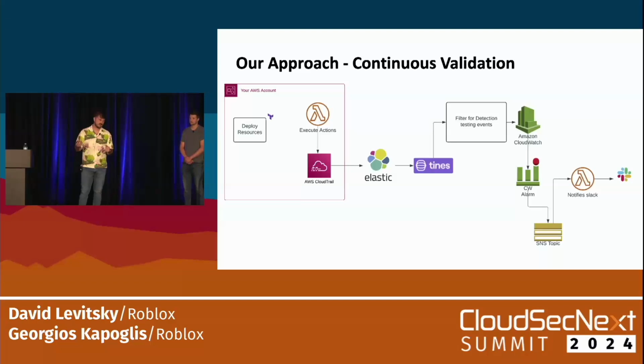And then it goes to an SNS topic, where now a separate Lambda function, which is all of the AWS resources that you see here are just defined in a single page Terraform file, our Lambda function on the latter end, which is the Slack notifier, looks for that SNS topic for new messages. And when one of our detections doesn't trigger, we're going to know that this detection did not go through our pipeline. So we need to go back and identify where that happened.